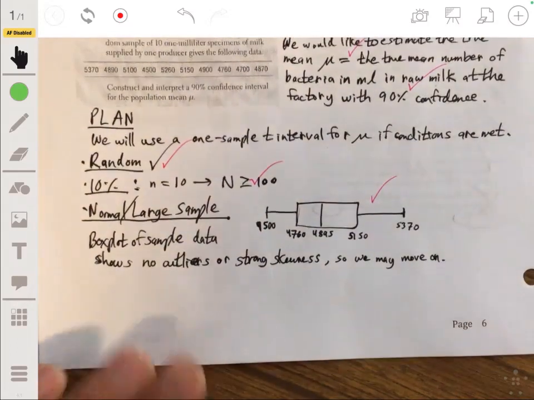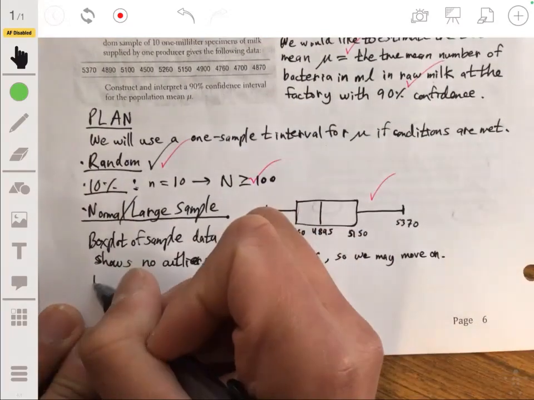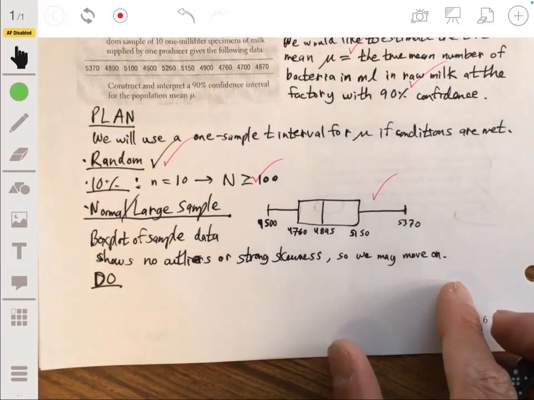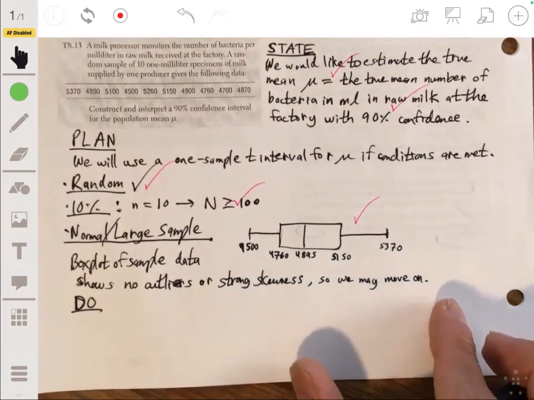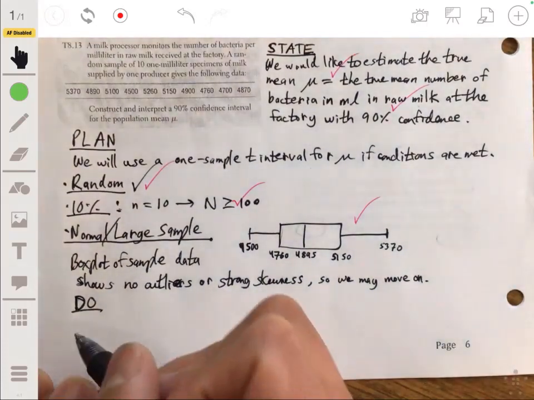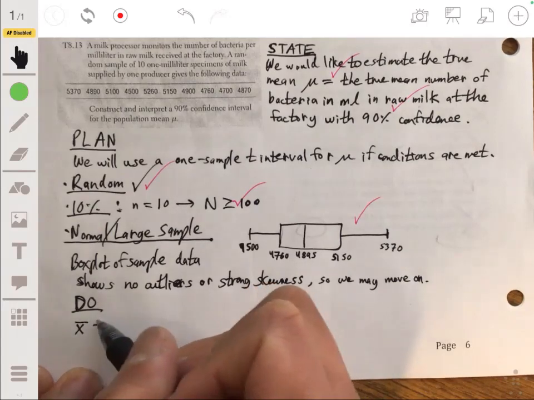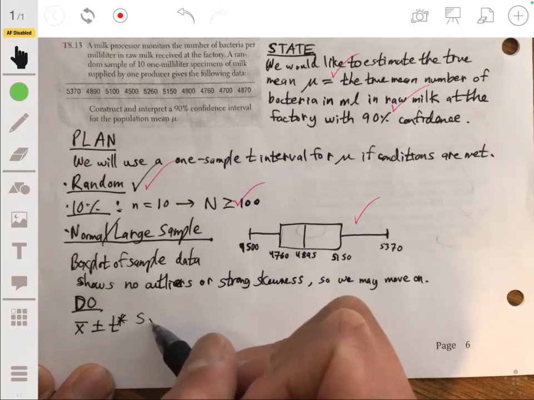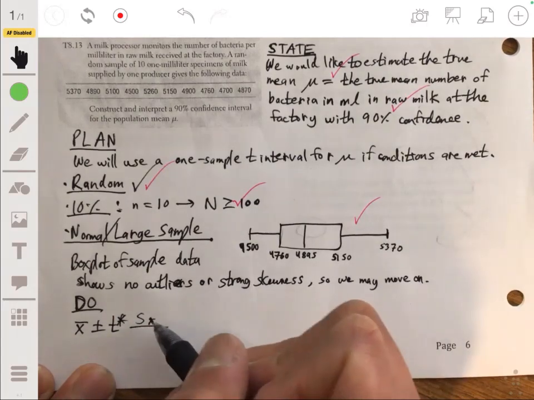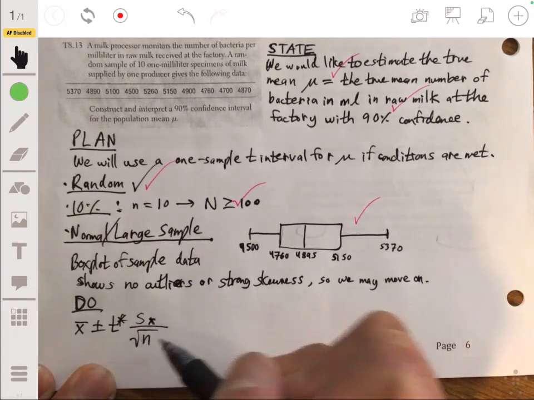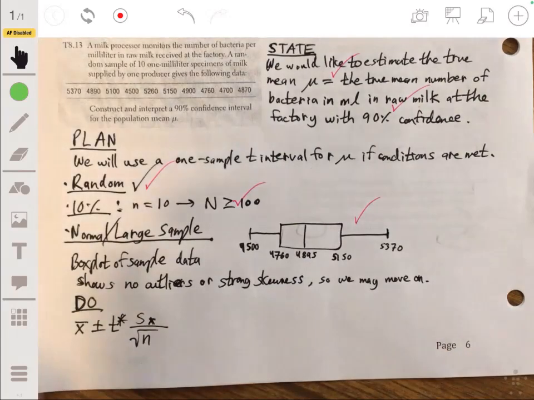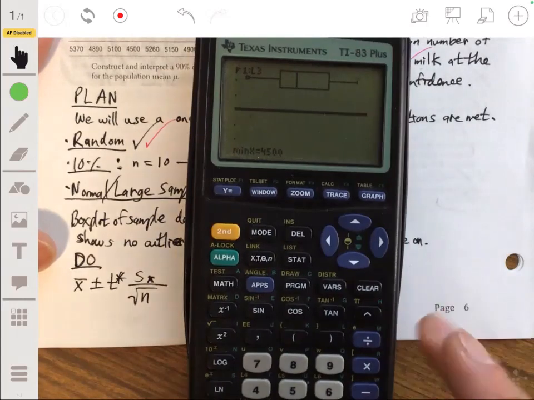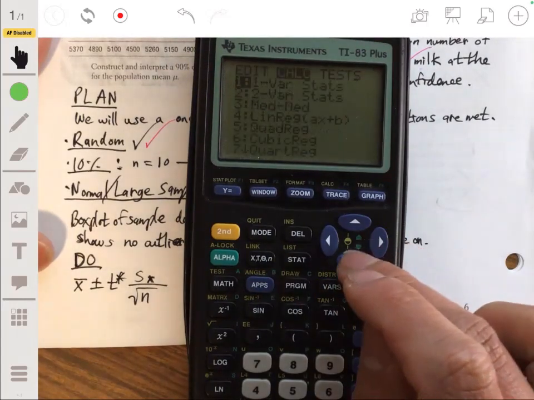So now we do our do part, where we run our calculation of our one sample t interval. Remember, this is the sample mean plus or minus t star times the sample standard deviation over the square root of the sample size. So let's figure out what these would be. Since we have the values in our calculator, we can go ahead and just run the one variable statistics.